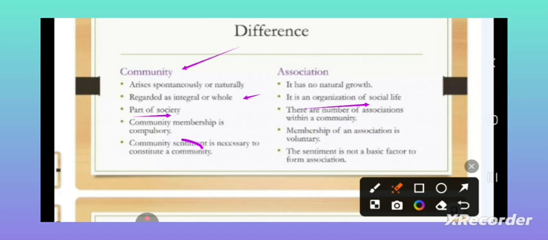Community sentiment is necessary to constitute a community. The feeling of we-ness or belonging is essential. The sentiment is not a basic factor to form an association. The key factor is the shared purpose or aim, not emotion.